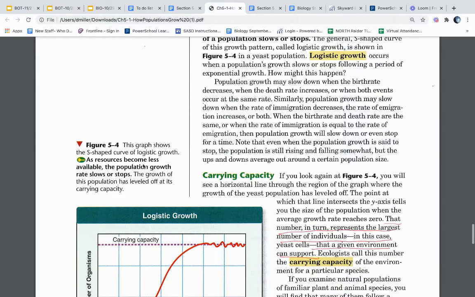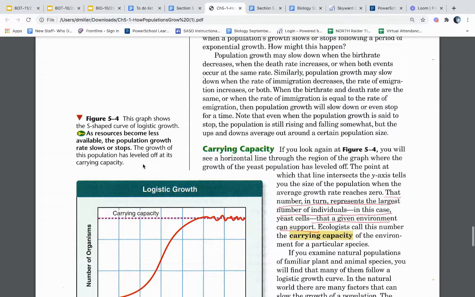How might this happen? Population growth may slow down when the birth rate decreases, when the death rate increases, or when both events occur at the same time. Similarly, population growth may slow down when the rate of immigration decreases, the rate of emigration increases, or both.